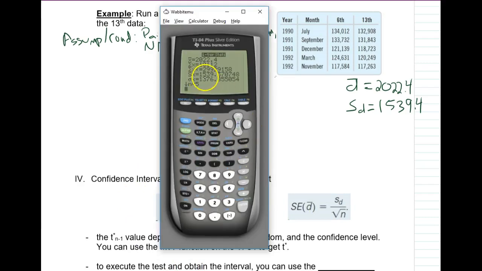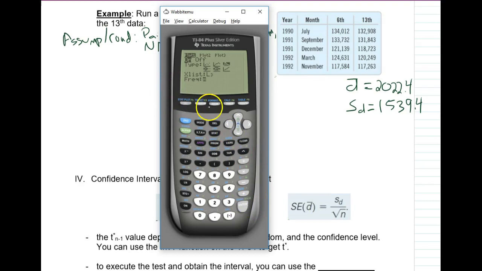So pulling the calculator back up, I am going to run the histogram on the L3. I'm going to go into stat plot. Into plot number 1, I will turn that on. I'm going to come over here and hit the histogram. I'm going to tell it to do L3. My frequency should be 1.